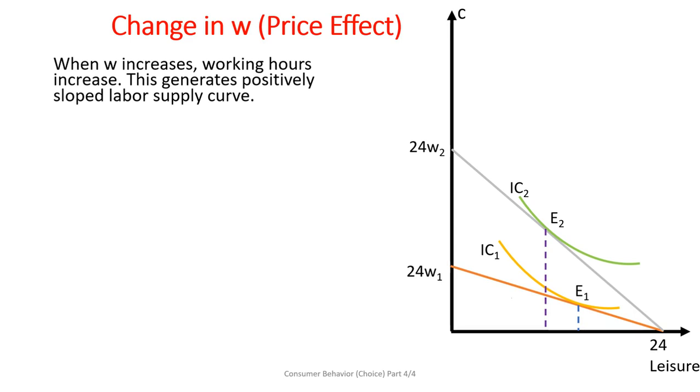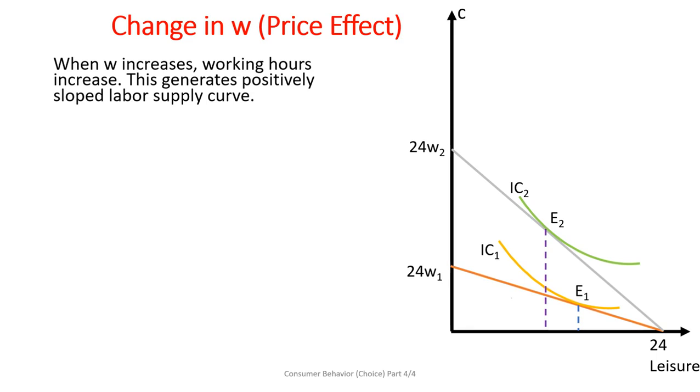Now since the wage rate has increased, each hour worked will yield more income. Therefore, the person will find working more attractive. On a higher indifference curve, the tangency will be at point E2 where the leisure hours will be reduced and working hours will increase.